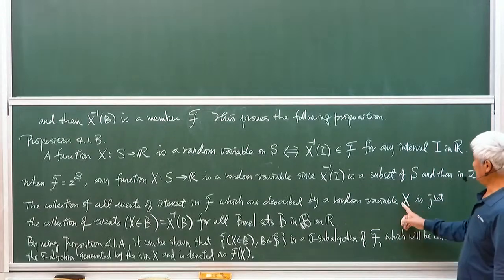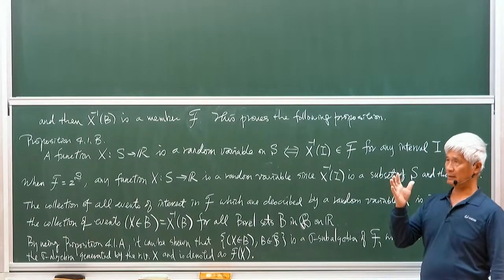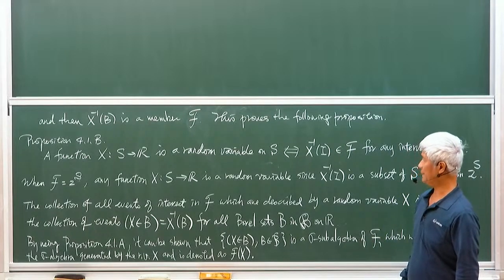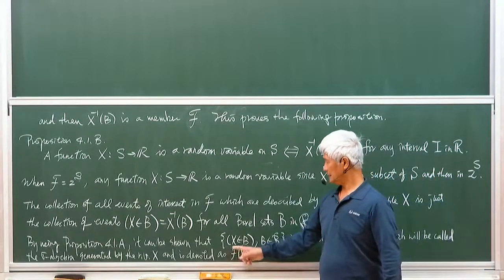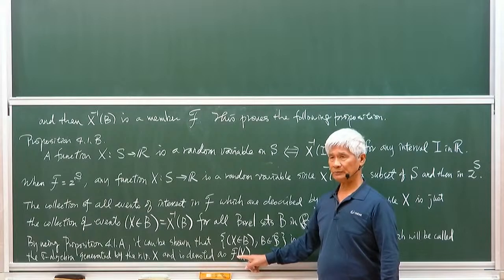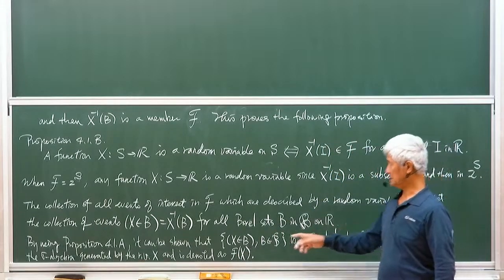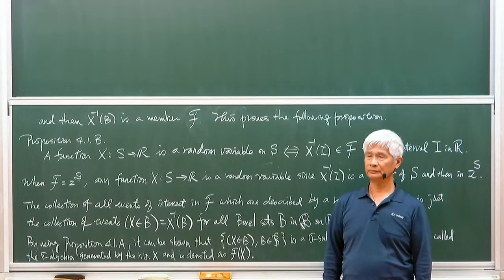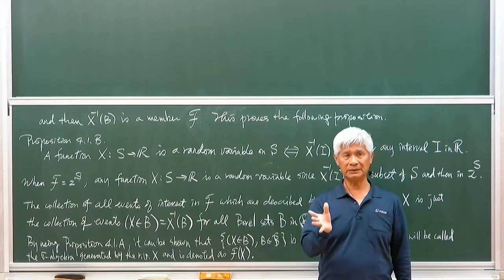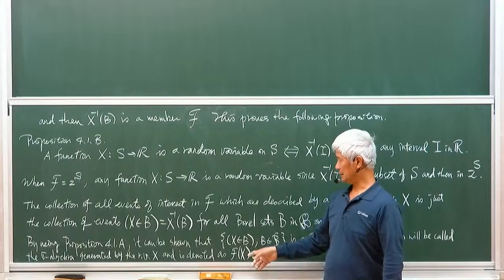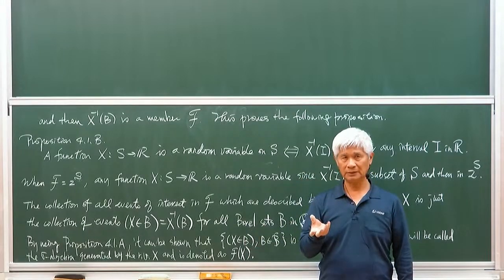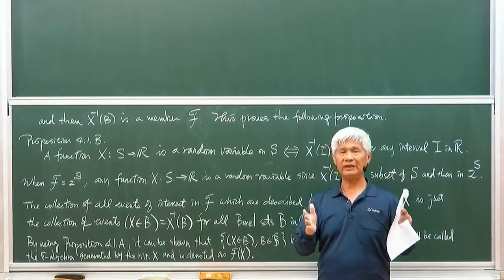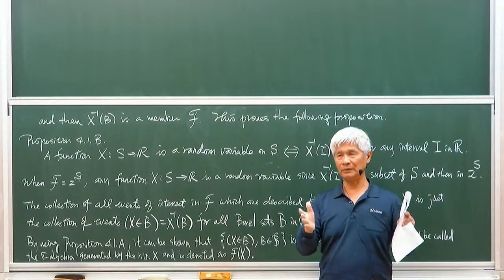For example, if X is about the gender of a student on the NTHU campus, then the sigma algebra generated by the gender consists of only 4 members. The first one is the empty set, the null. The second one is the total event. The third one is the event that a student is a female.